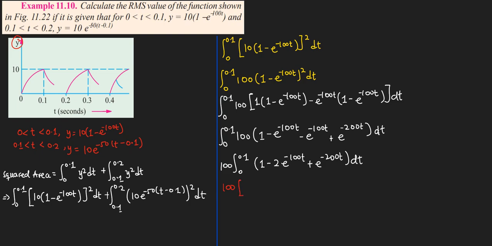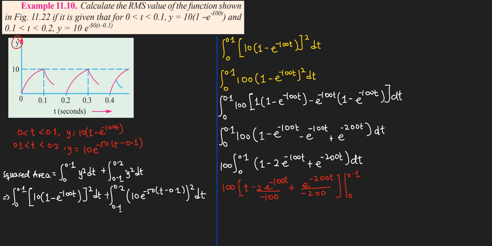The integral of 1 with respect to t will give us t, and then the integral of minus 2 e to the power minus 100t will give us minus 2 e to the power minus 100t divided by minus 100. This is what you're going to have, and then you're going to have plus e to the power minus 200t divided by minus 200. And then we have over the interval 0 to 0.1.